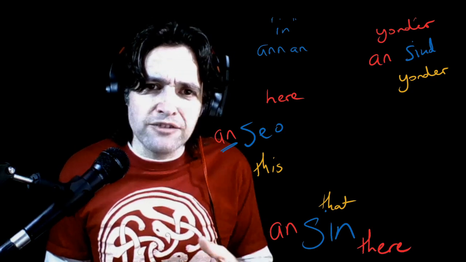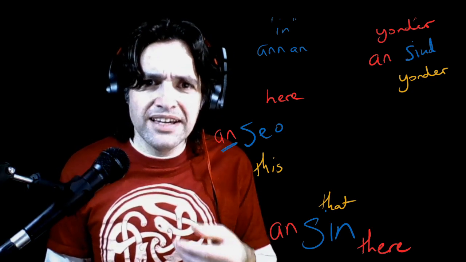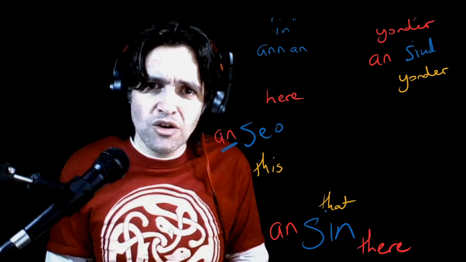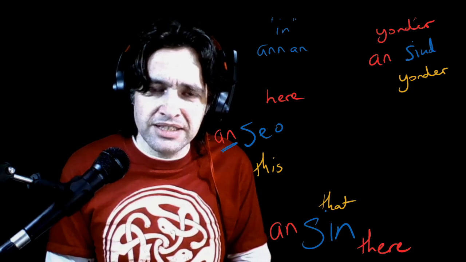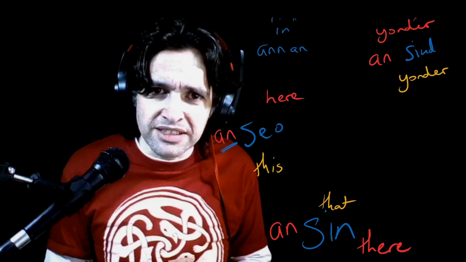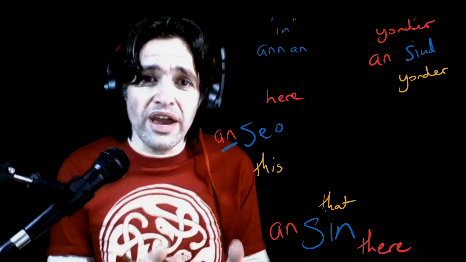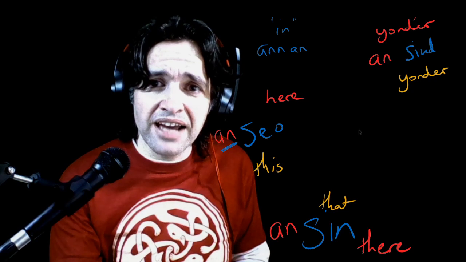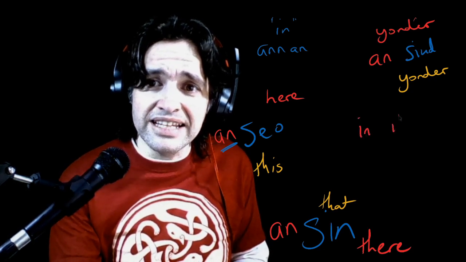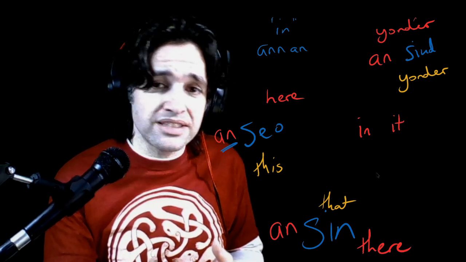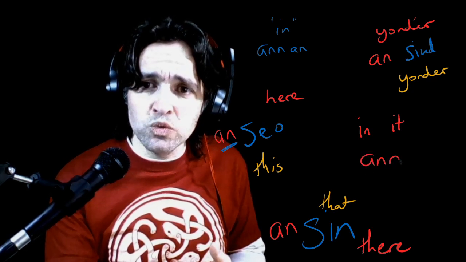We don't have a place in English that's equivalent to the place or the it of place. But in Gaelic, because we are in places, to be in whatever place we are talking about, you would be saying, I am in it. Now, in it in Gaelic is quite simply aun.